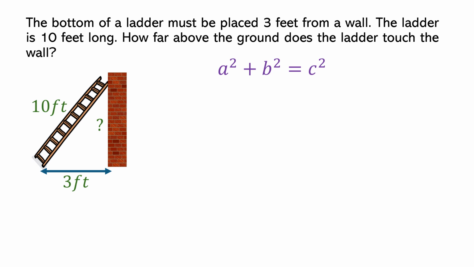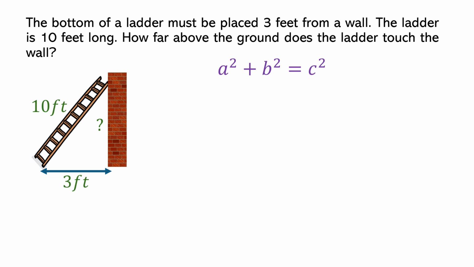The longest side, which is called the hypotenuse, is the ladder in this problem. It's right opposite the 90-degree angle. And the remaining are the shorter sides. So in this equation, a squared plus b squared, a and b are the shorter sides, while c is the hypotenuse.